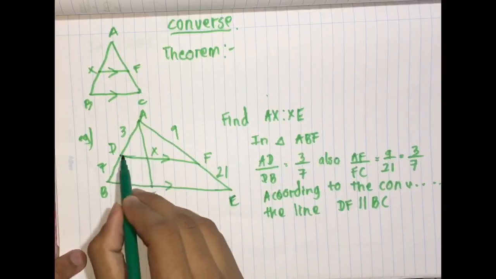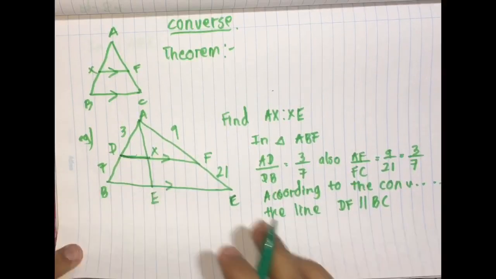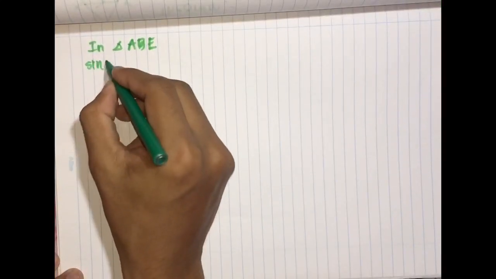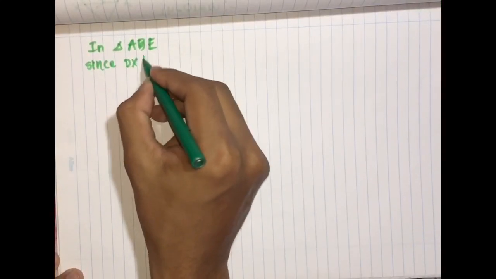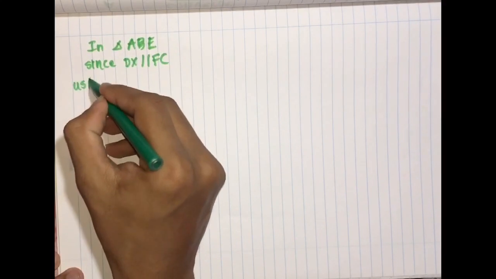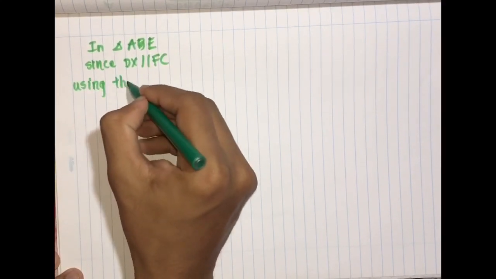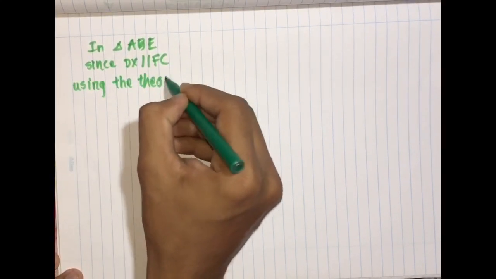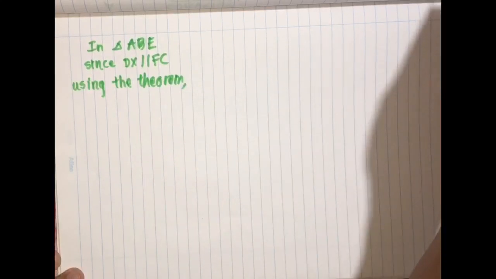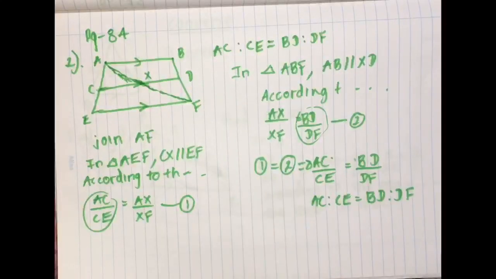Since DX is parallel to BC, using the theorem, if they are parallel, what can you say?